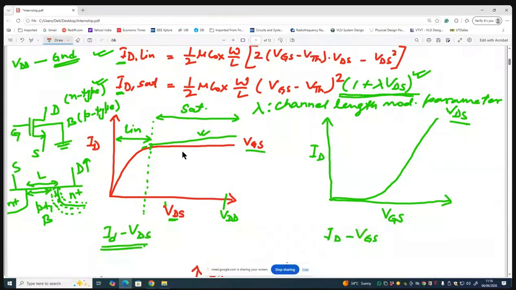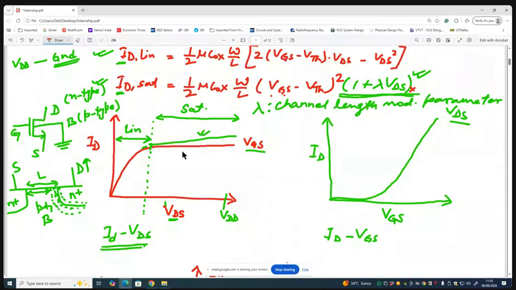So in the saturation region, gm is a very, very weak function of VDS, and when we write the gm expression, we in fact ignore this lambda VDS dependency. And we have this knob with us, VGS minus VTH, which is also referred to as the overdrive voltage.